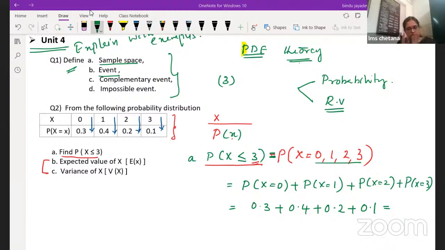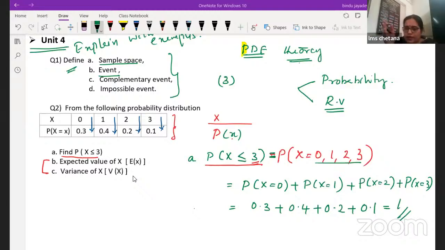Write all questions in the notebook. It's a revision for you, right? The answer is 1, correct. You are adding all the numbers, you get 1. Understood? How to calculate? Just observe the table and write the addition.